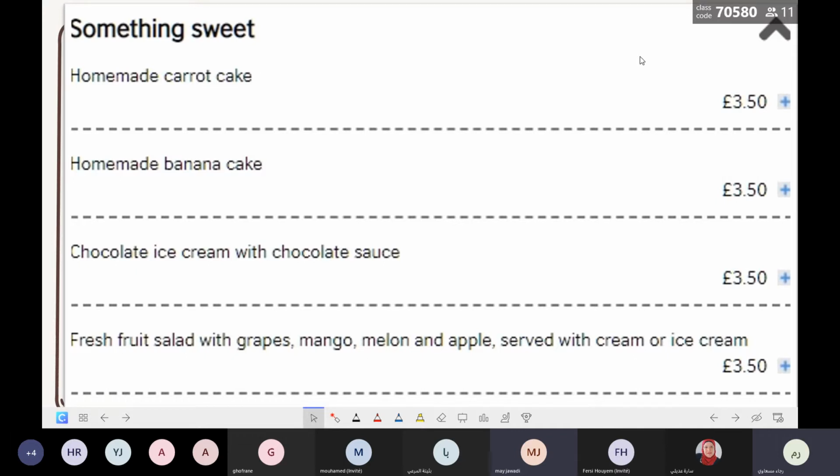Fresh fruit salad with the grapes, mango, melon, and apple, served with cream or ice cream, 350 pounds. Thank you. Very good. Thank you.